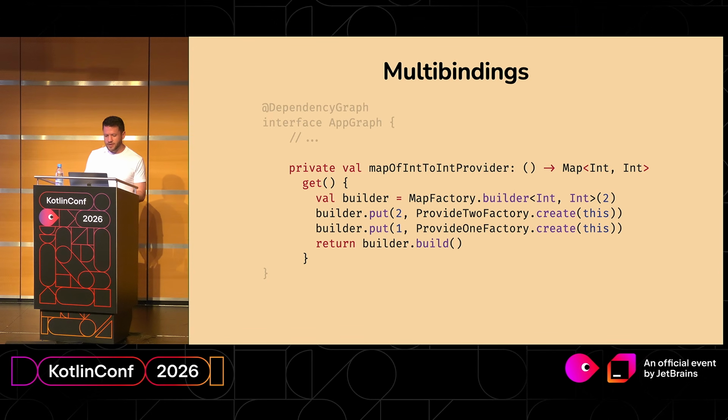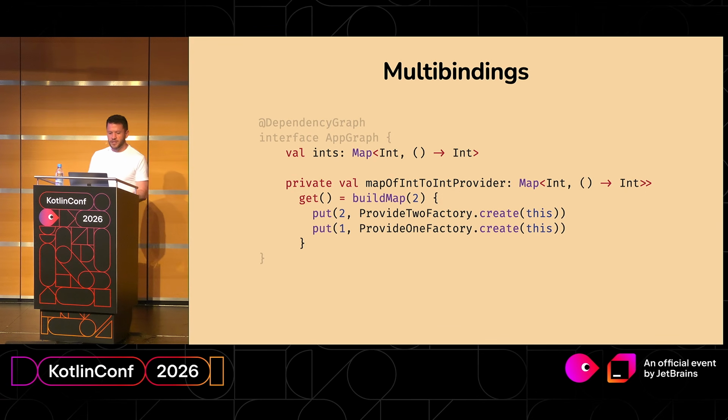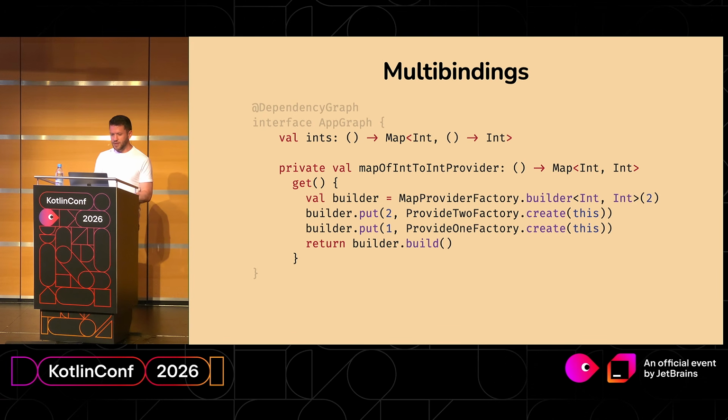The added spin here is that map values can also be providers on their own. So for this, we have two new paths that we can take in codegen. Simple cases, we just use build map and then inline those provider instantiations directly. Map provider factory is the runtime API that covers this for us.